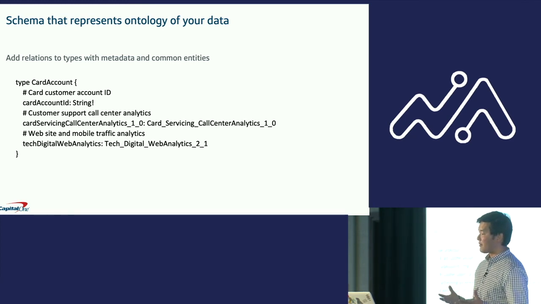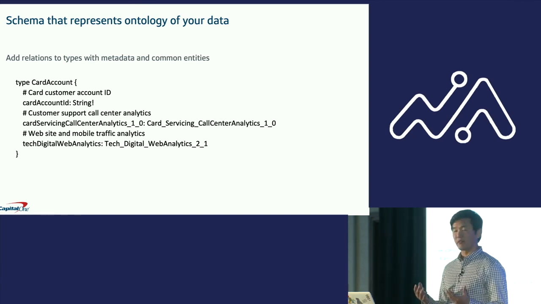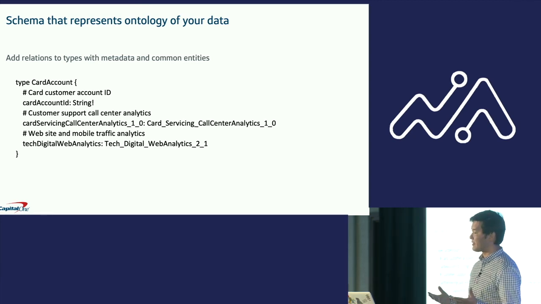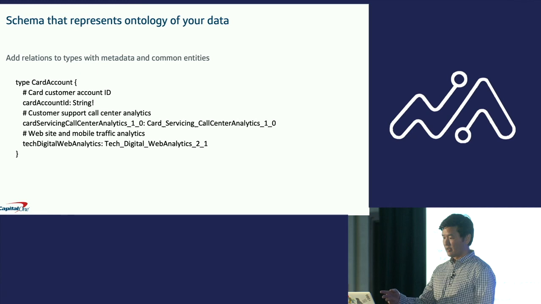One of the really powerful things about GraphQL, obviously, is that it represents your data in a graph. To take advantage of this, you want to define relationships between your types. Here's an example of taking the past two types that we generated in the earlier slides: the card servicing call center analytics type and the tech digital web analytics type.